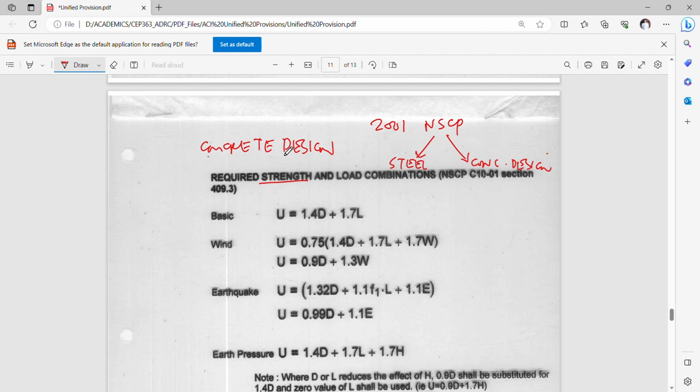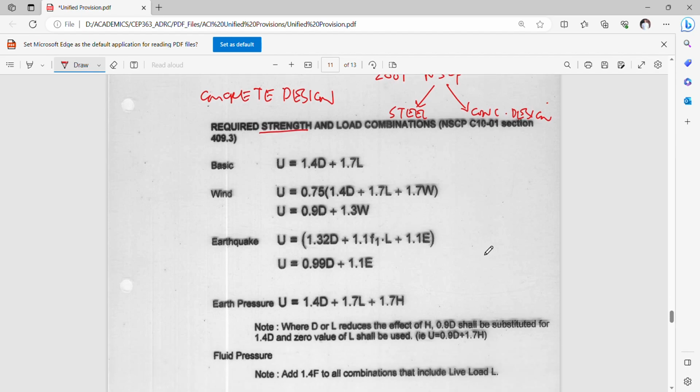So this is now the allowable load combination. Basically this is the old 1999 version of the ACI, wherein this is 1.4, 1.7, and then we have here a 0.75 factor for the 1.33 increase in allowable stress. That's why you get a factor out of this.